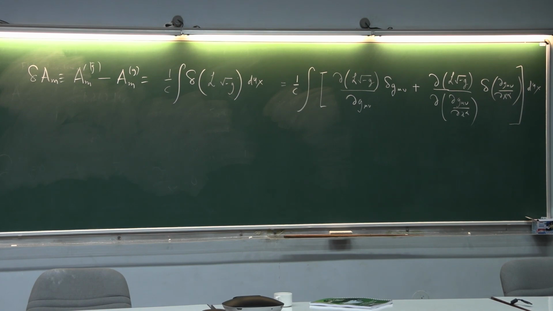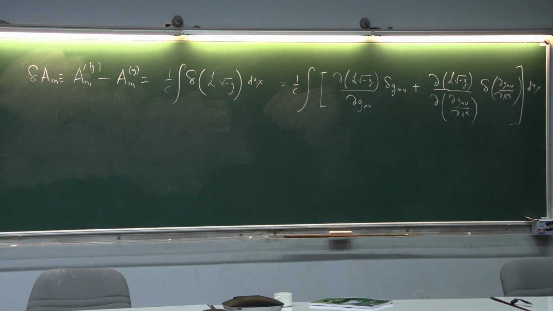But del by del x alpha is a partial derivative, it is linear. So this can also be written as del by del x alpha of G bar mu nu minus G mu nu. But G bar mu nu minus G mu nu is delta G mu nu. So this is the same as del by del x alpha of delta G mu nu.